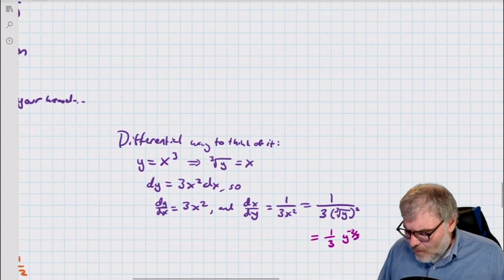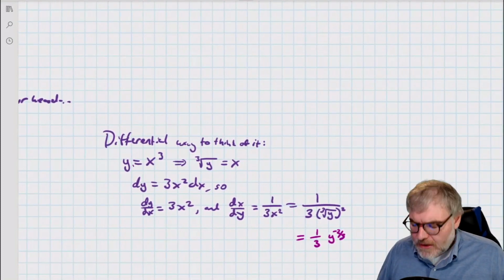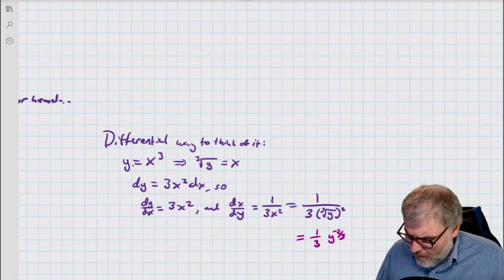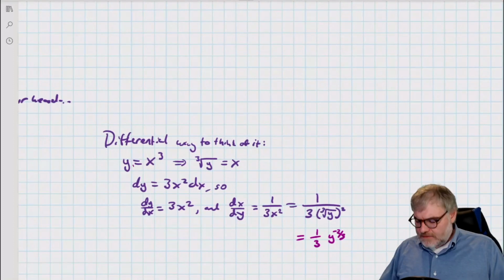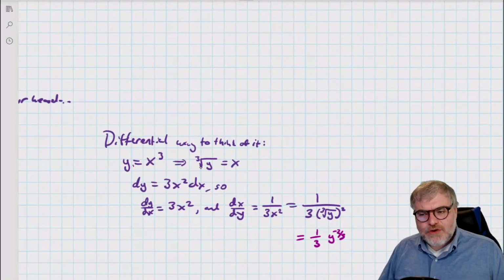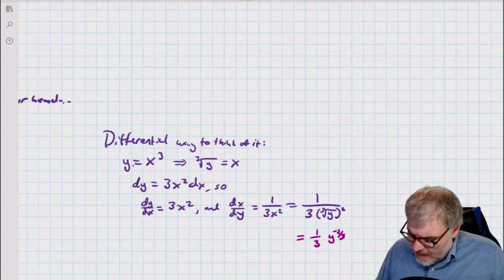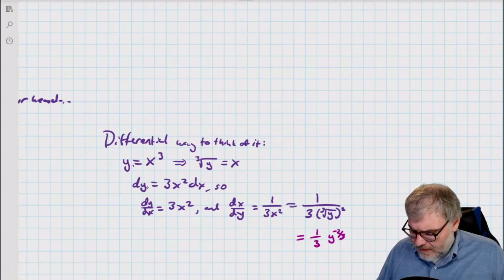Okay? Let's let y equal x cubed. So what I do is I take the cube root of y equals x. Okay? Well, let's look at this real fast, but note that that's true. Now, if I take the differential right here, I'm going to get dy, because this is 1 dy, equals 3x squared dx. So dy over dx equals 3x squared.